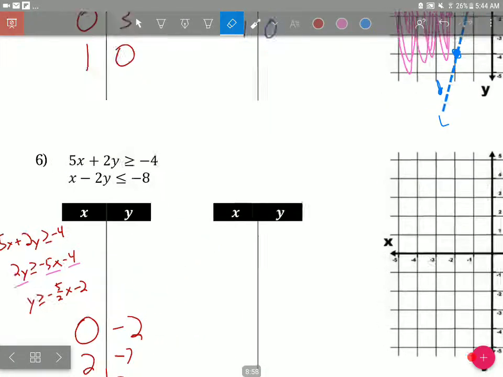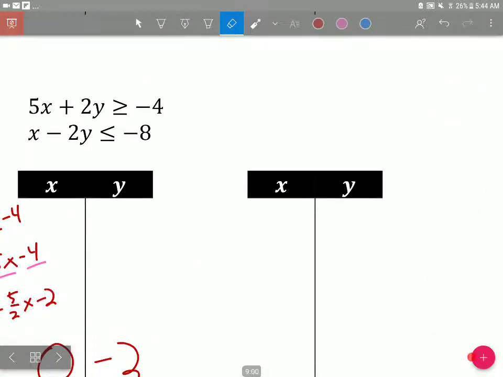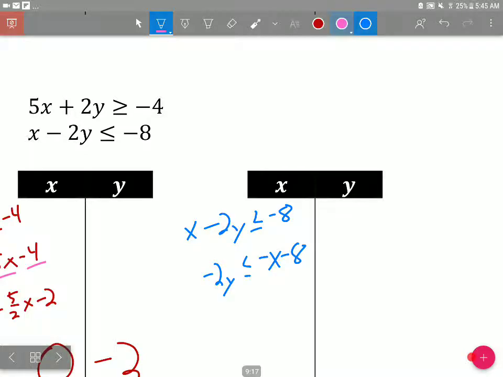So let's do the next one. We've got x minus 2y. Ooh, this one's got a trick in it. Glad I did this one. So move the x, so it's negative 2y less than or equal to negative x minus 8. And then we'll divide by the negative 2.